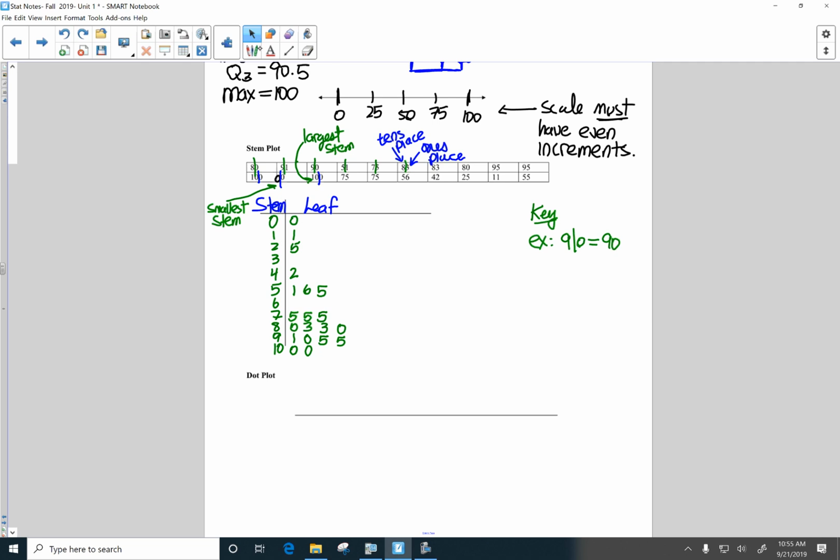It's quicker than a histogram, but only for small data sets. And the reality is, nothing's quicker than technology. The fact of the matter is we had to write down all of these numbers. Just physically, the act of writing all the numbers down is equivalent to typing all the numbers into our calculator.